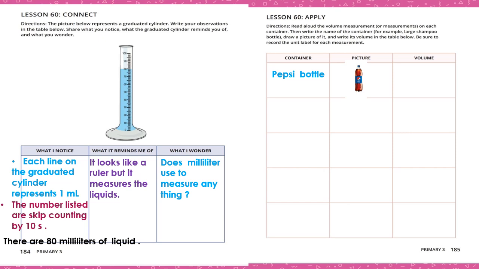The suitable number and unit here is 1 liter, or 2 liter, or 3 liter. Cup of tea, liter or milliliter? It's a small amount, so we will use milliliter. Its volume here is 70 milliliter.